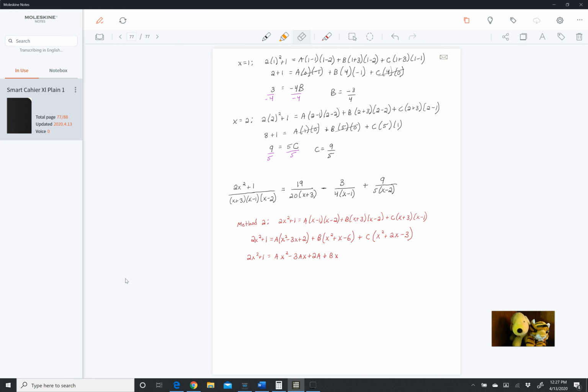So we have bx squared plus bx minus 6b. Plus cx squared plus 2cx minus 3c. So we distributed the constants here.